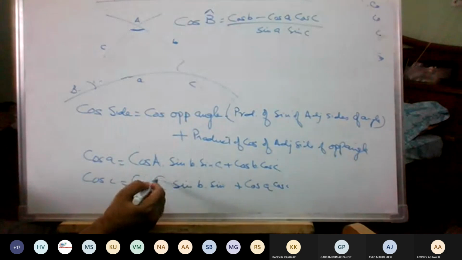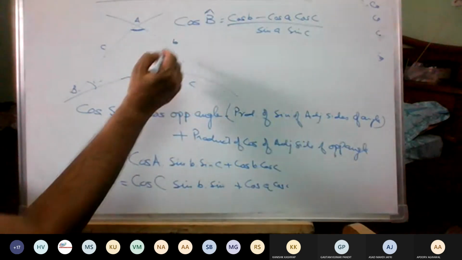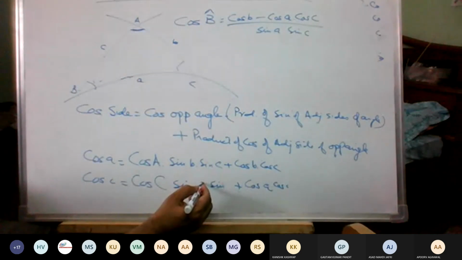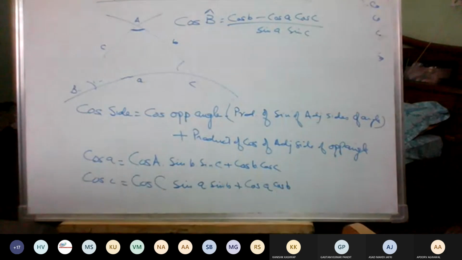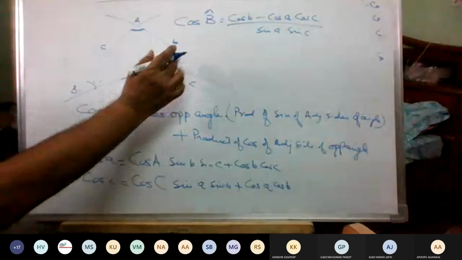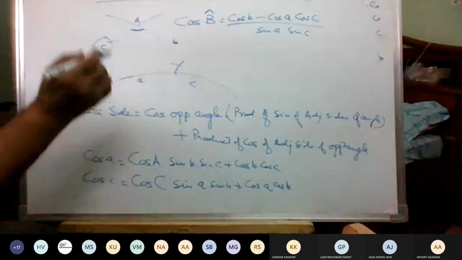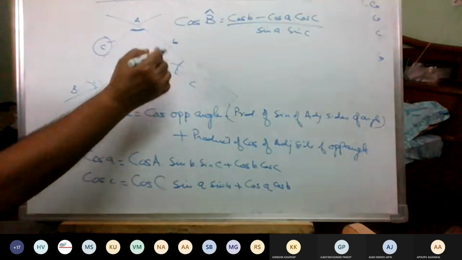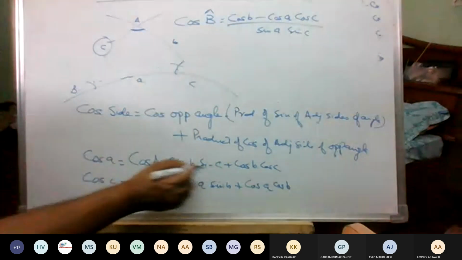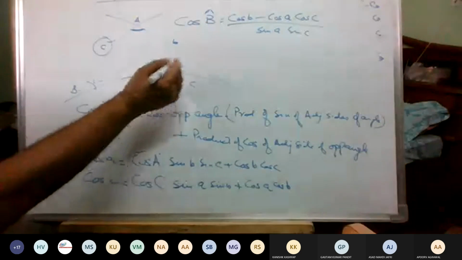Cosine of side into cosine of opposite angle into sine of the product of sine of adjacent side, A into B, sorry. ठीक है, remember cos of any side, मान लो हम इसको लेना चाहते हैं, cos of opposite angle into product of sine of adjacent sides of this opposite angle, sine A into sine B, plus cosine of the product of cosine of adjacent sides of that angle.